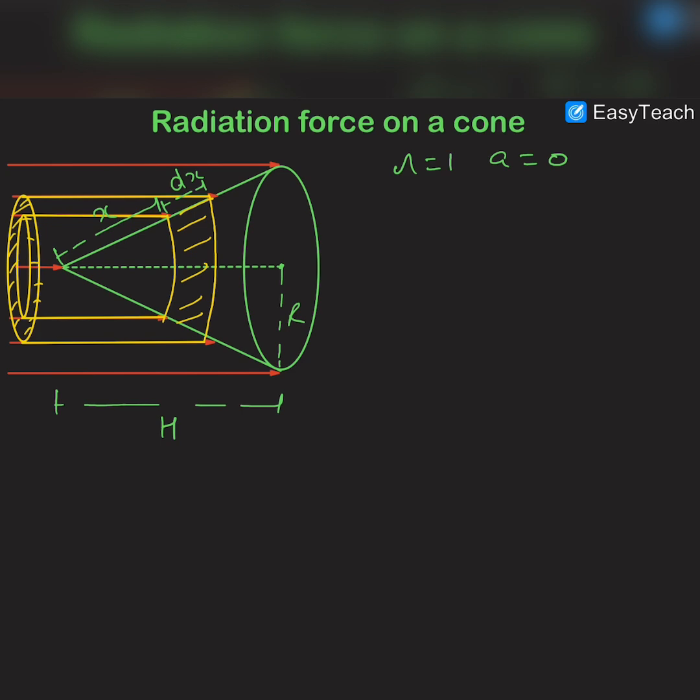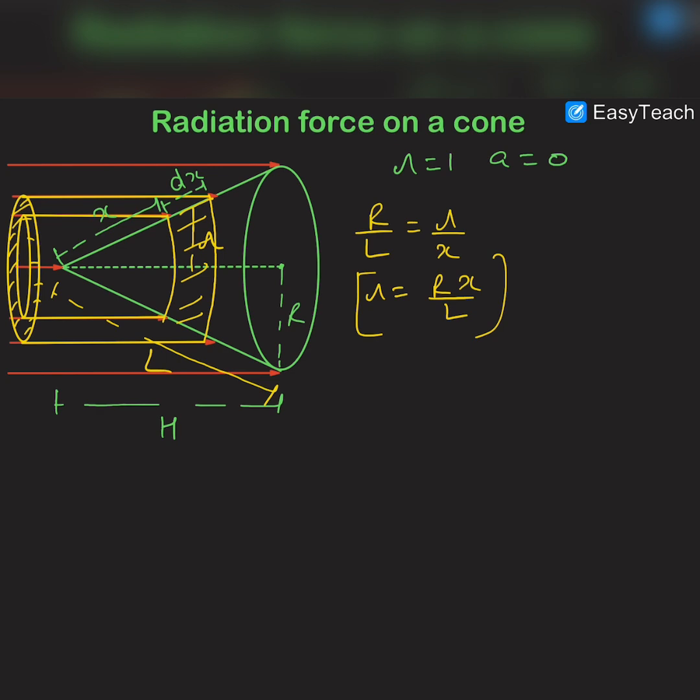Now first of all, let us find out the area of this strip, and let us say that this is the radius of the strip. So by similarity of triangles, if this is the slant height L, we can say that R by L is equal to small r by x, and therefore small r is equal to Rx by L. This is the first equation.